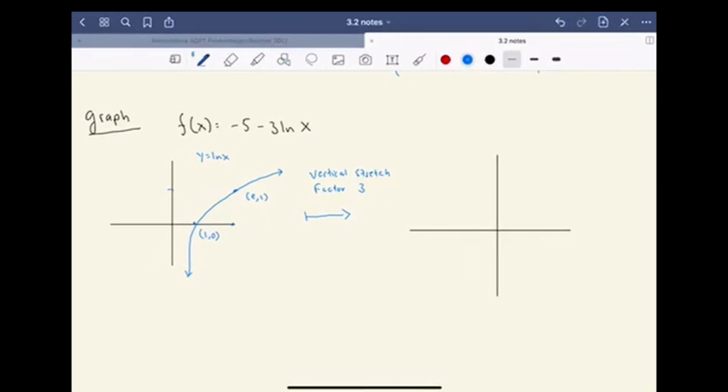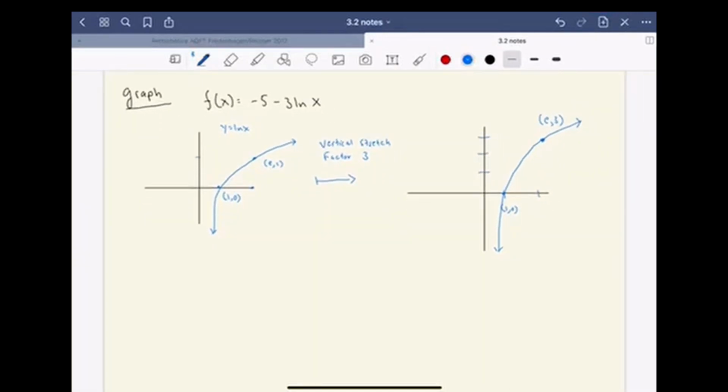Well, this 1, 0 stays 1, 0 because you're multiplying that 0 by 3. E, 1 becomes, instead of e, 1, the point e, 3. Okay, so then we're going to have a graph that looks like so.